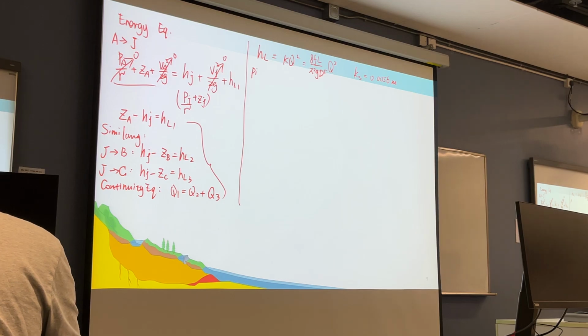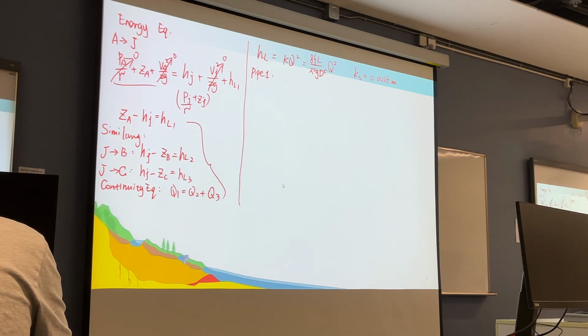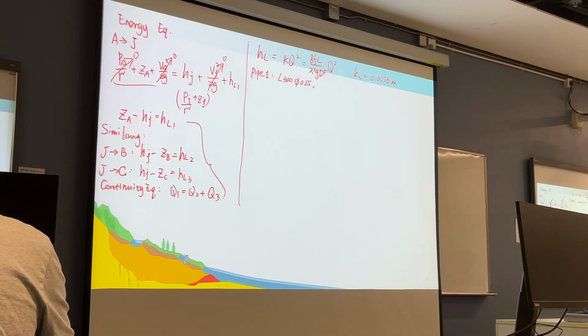For pipe 1, the length is 300 meter and the diameter is 0.25. L is 300, D is 0.25.